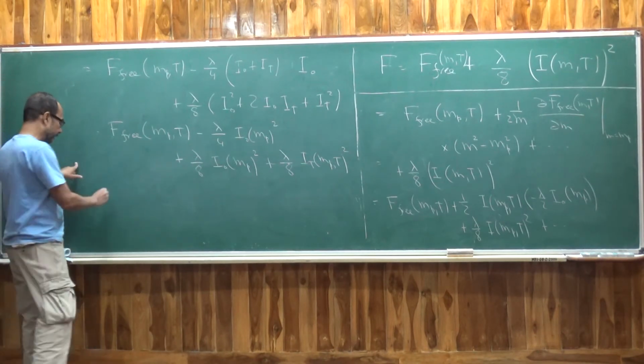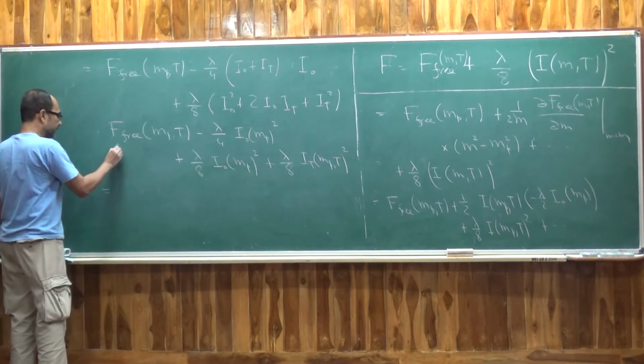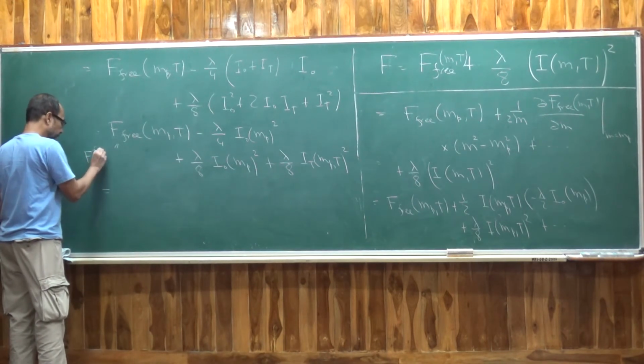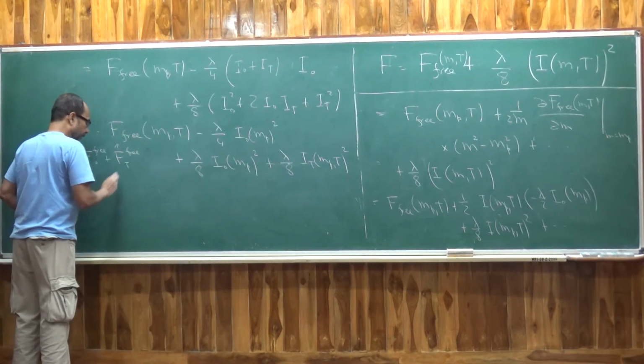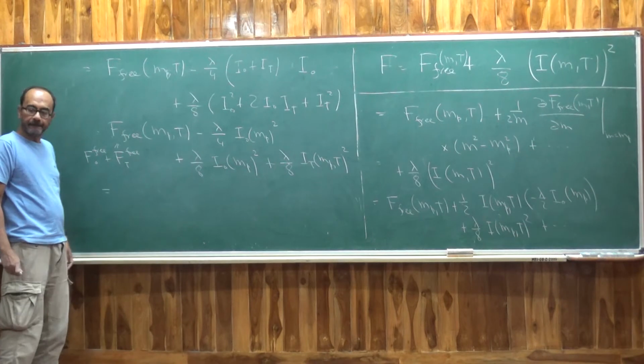Okay. So let's try to reorganize this a little bit more. Let's write this as f free naught plus f free T as we were doing earlier, but everything now as a function of m_p.